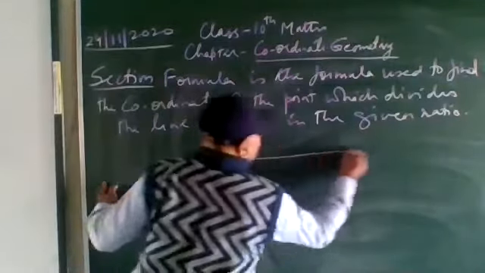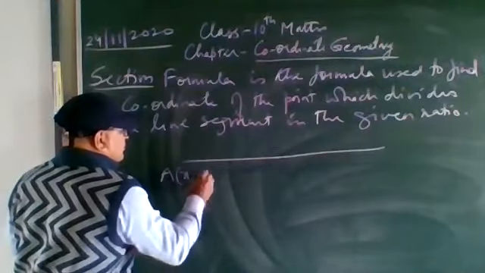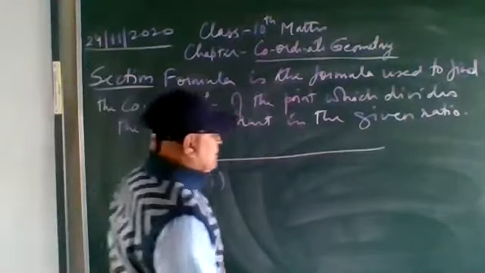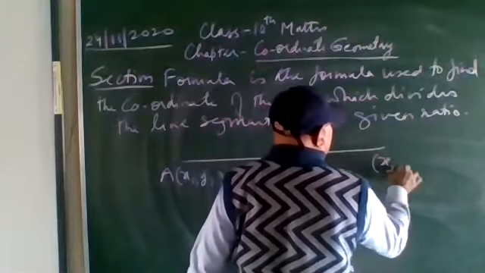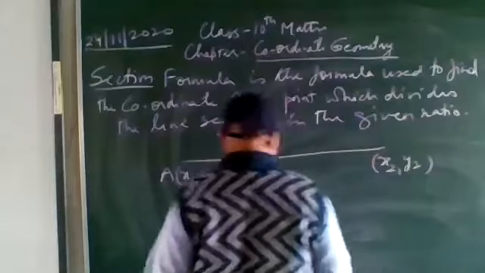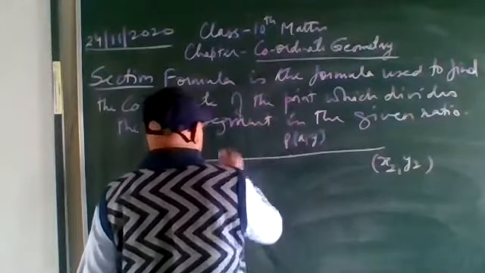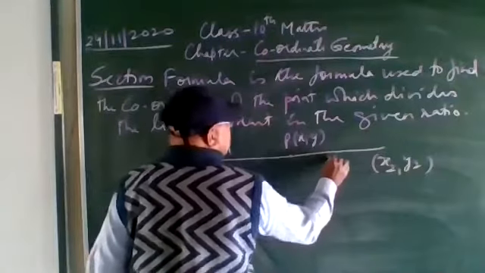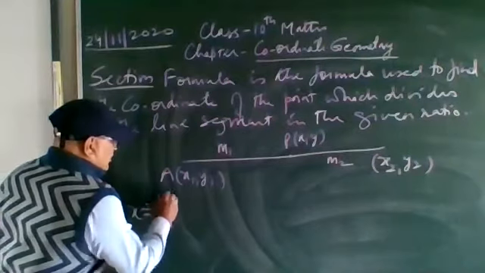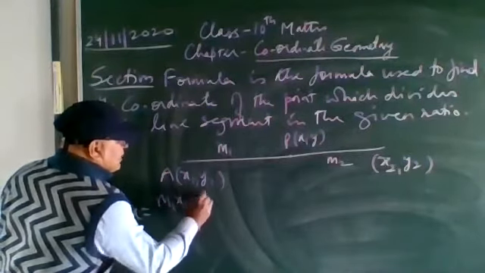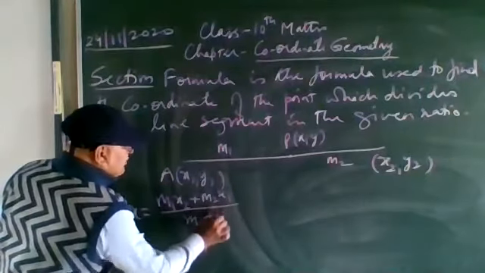So this is the line segment with endpoints (x1, y1) and (x2, y2), and point P (x, y) dividing it in the ratio m1 : m2. So x is (m1 x2 plus m2 x1) upon (m1 plus m2).